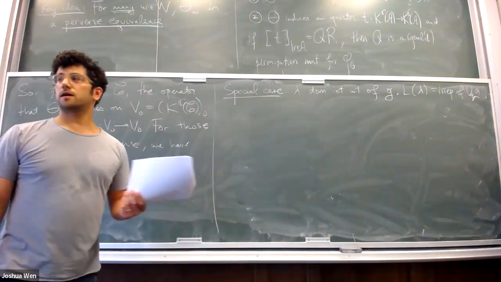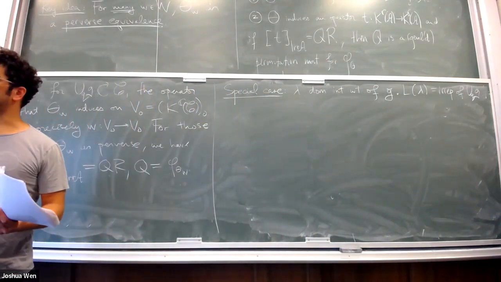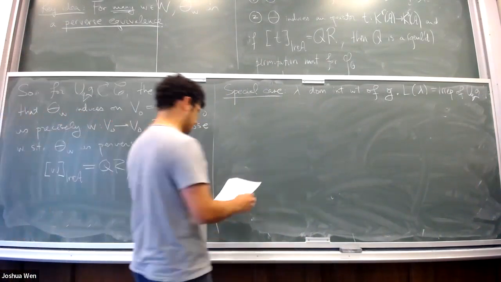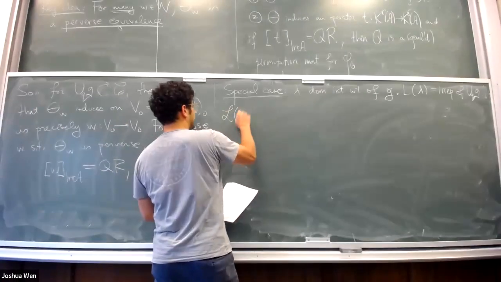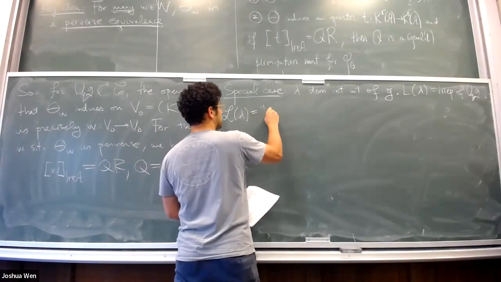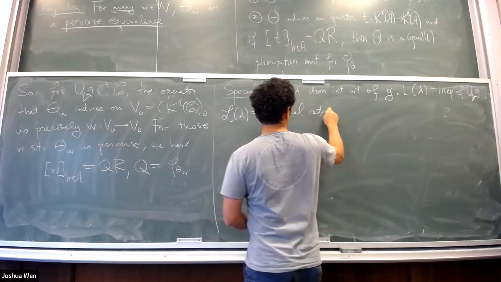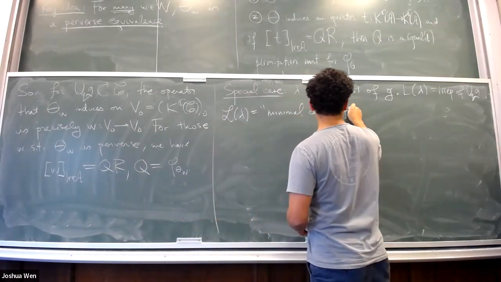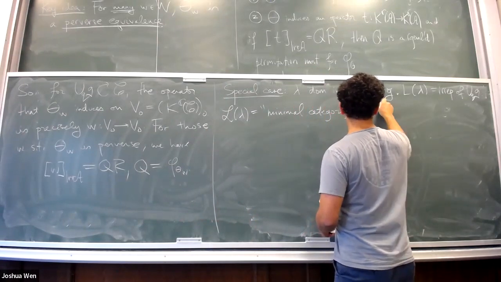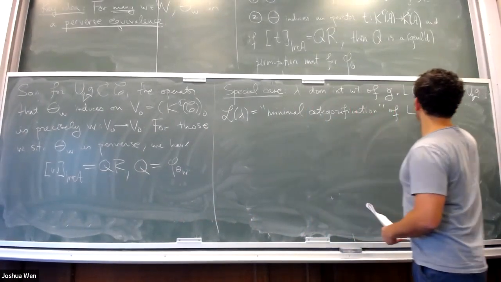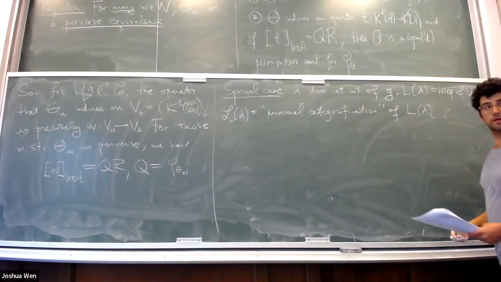This has a kind of canonical categorification for 0 to square representations. So let curly L of lambda be what's called the minimal categorification of this irreducible representation.